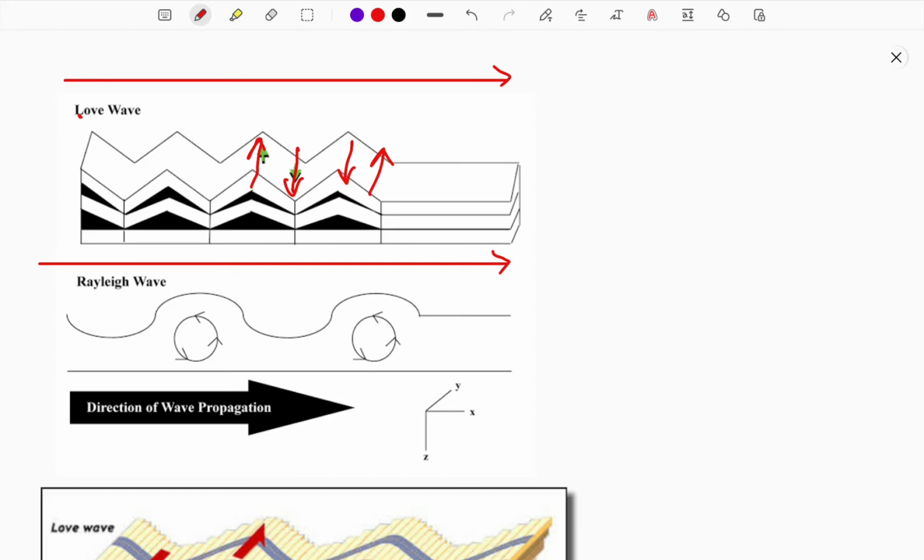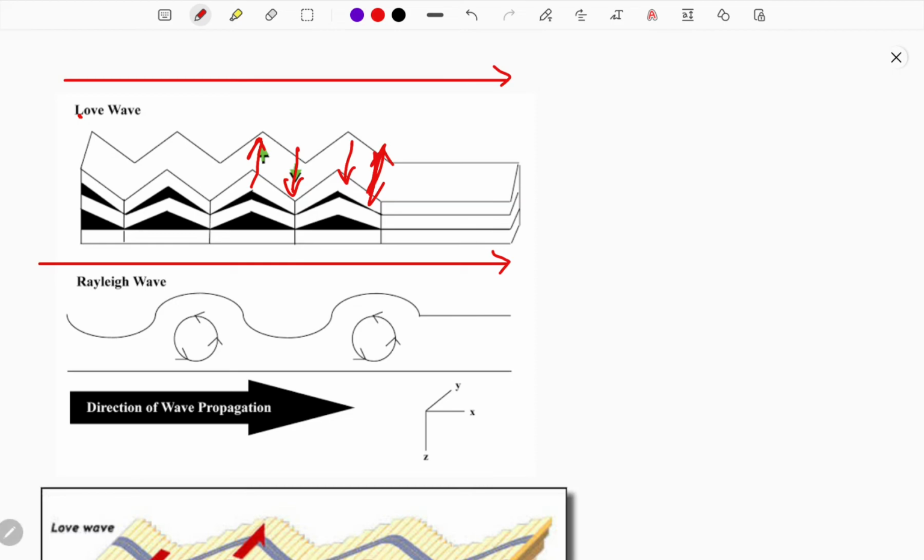Like you can see these days trending on TikTok, many kids riding scooters and heavy-engined bikes bend over and ride like this. So zigzag they will be riding. Like that, love waves will be moving zigzag, which is called side by side.